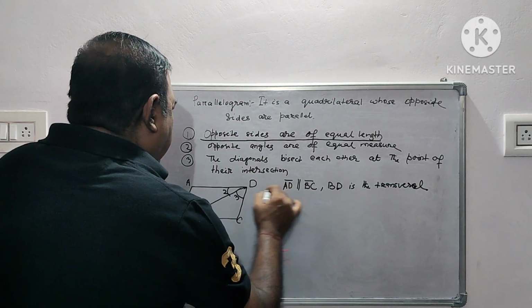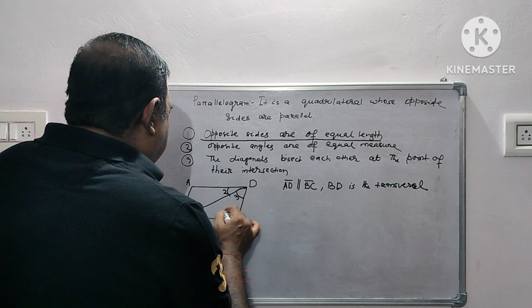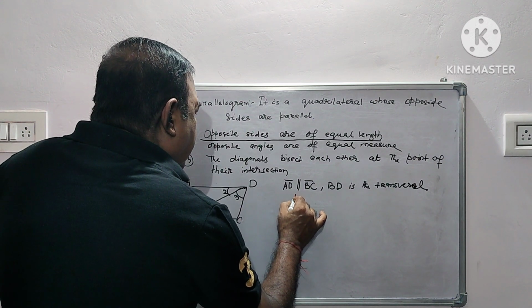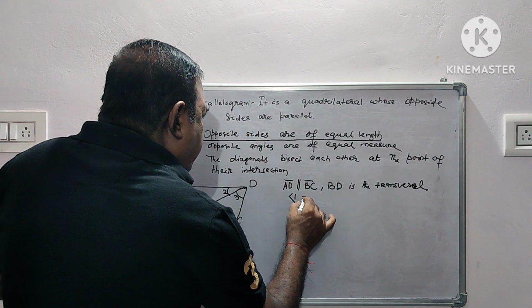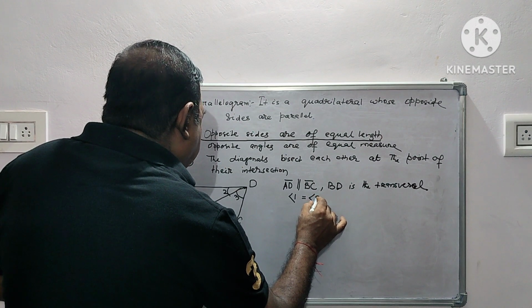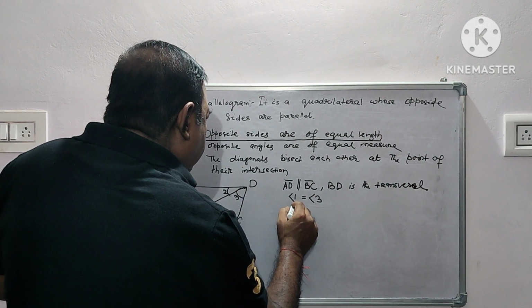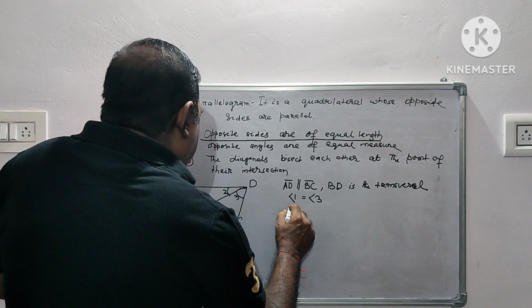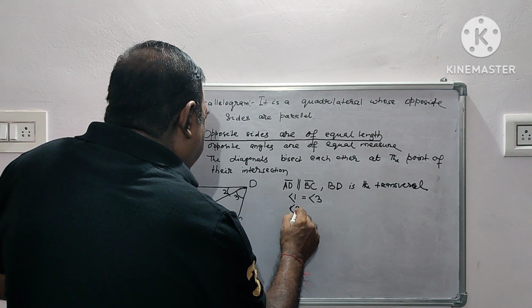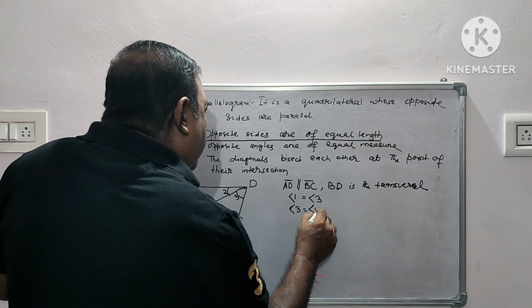So here what we got? AD is parallel to BC, and from this we got measure of angle 1 is equal to measure of angle 2, and now we got angle 3 is equal to angle 4.